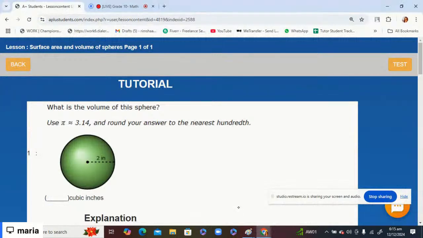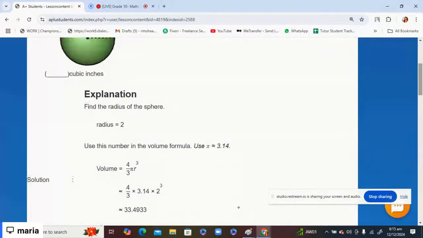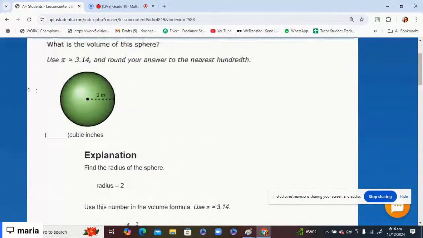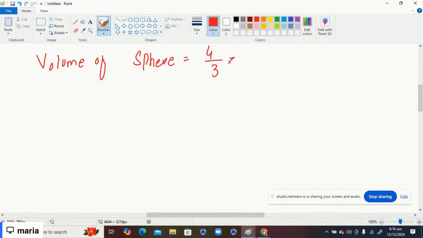What is the volume of this sphere? If the sphere is given, so what is the volume of the sphere? 4 by 3 pi r cube. Just writing the formula firstly. We're going to write the formula. 4 by 3 pi r cube.